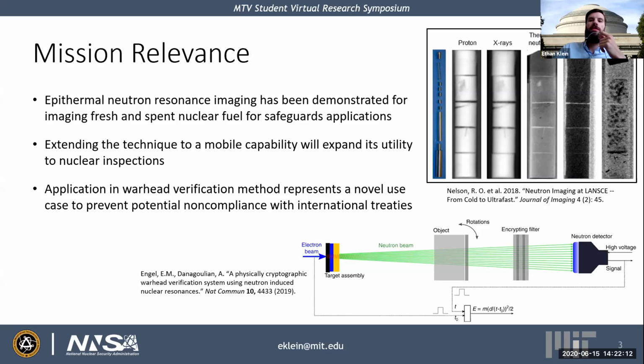Below I show a diagram from previous work out of our group, again regarding use in a physically cryptographic warhead verification method. These are the kinds of applications that NNSA works with, and we would like to develop a more portable system for such analysis.